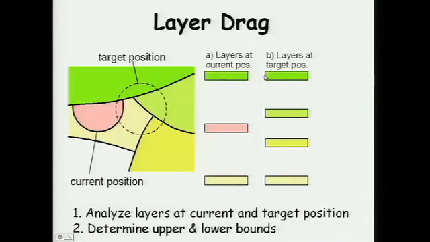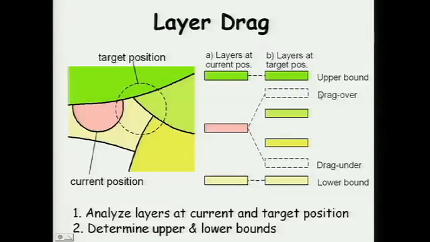So now you know that red should not go over green, to prevent interpenetration, and red should not go under yellow. So yellow and green determine the upper and lower bound, and within this region, you use shift to go over and drag to go under. You see you cannot go here, but you can just take a different path, and then you get the result.